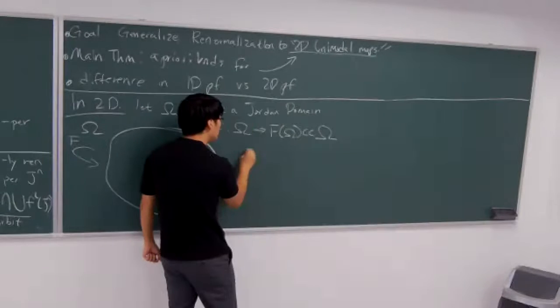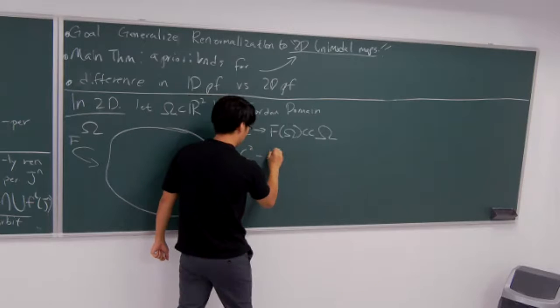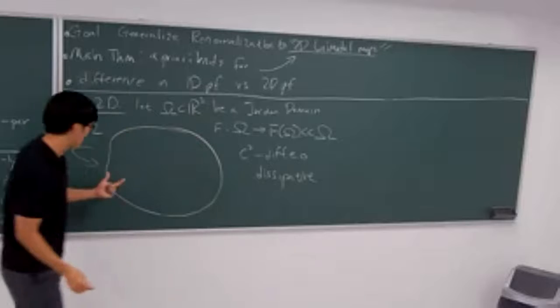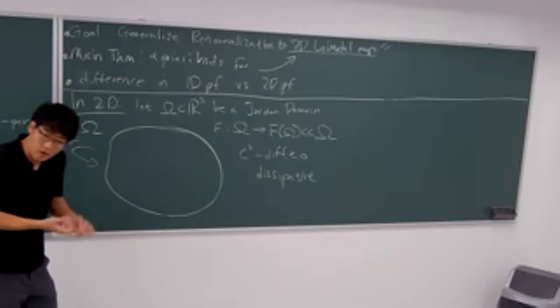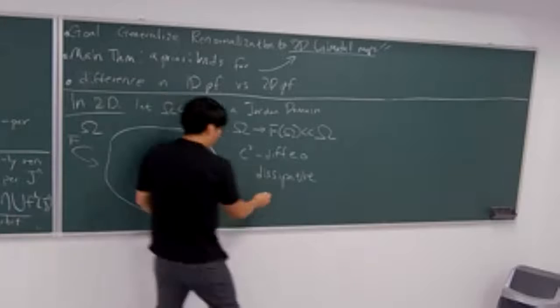as a C2 dissipative map. So what this means is that the Jacobian of F is strictly less than 1 at all points. So it's strictly area contracting at the infinitesimal level.